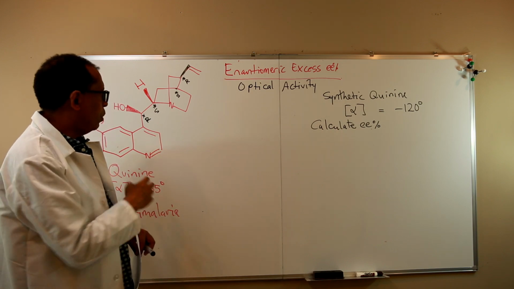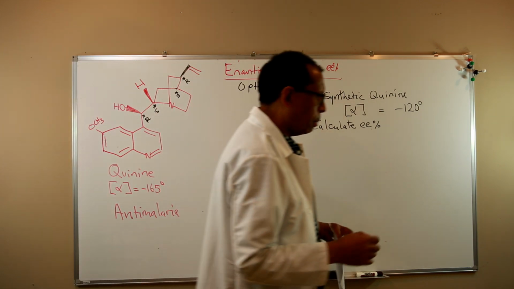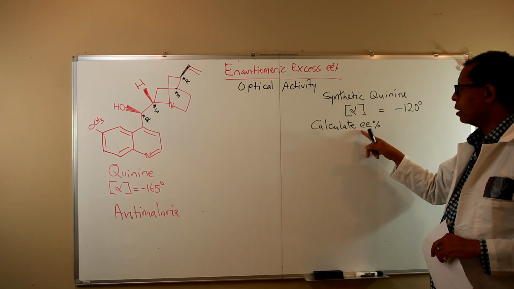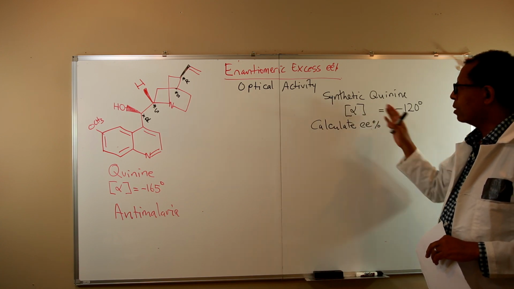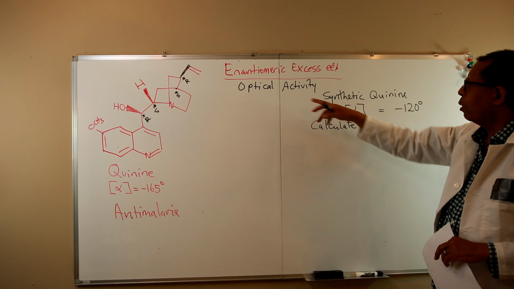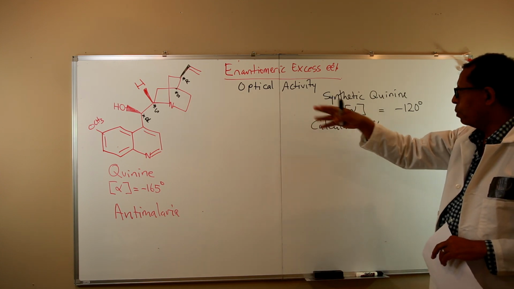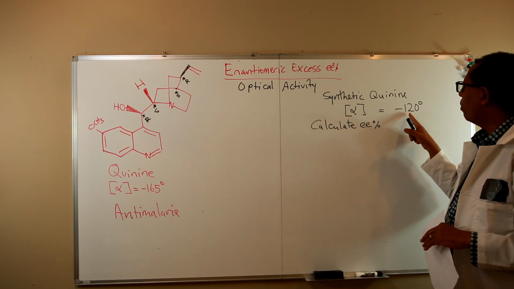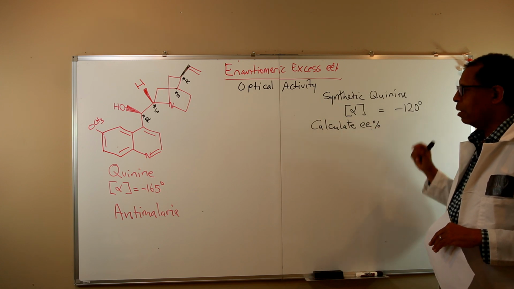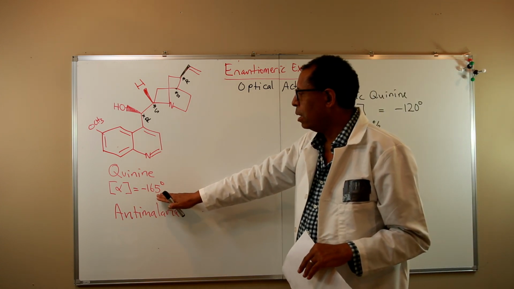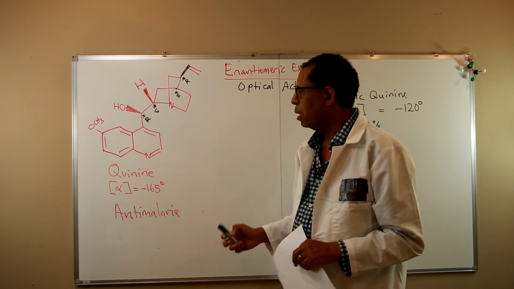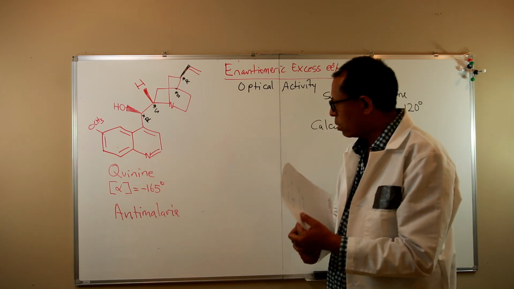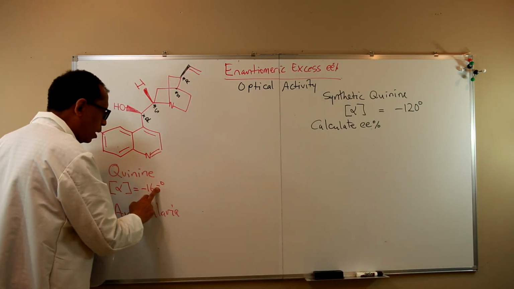So in this problem, you are asked to calculate the enantiomeric excess a particular chemist got if he or she has an optical rotation for the synthesized sample of minus 120 degrees. So the enantiomerically pure quinine has minus 165.